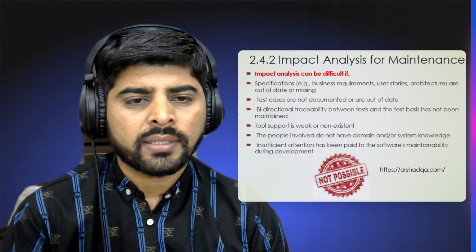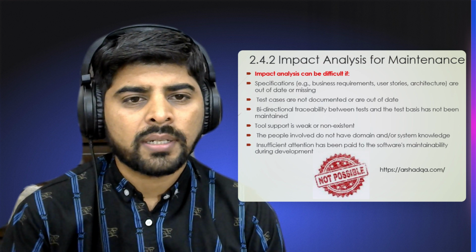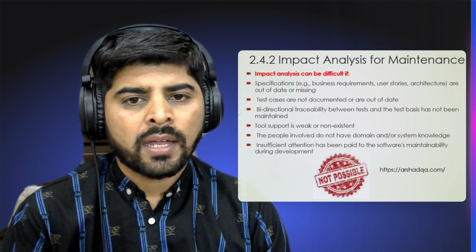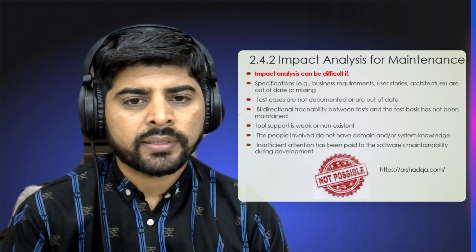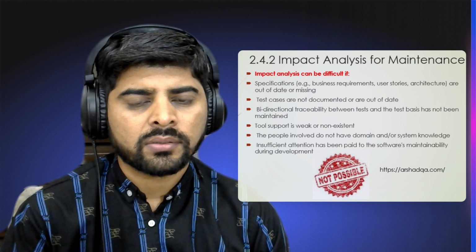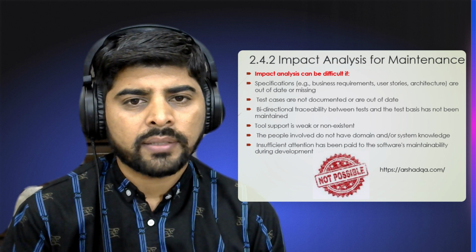If there are no test cases written, that can be a reason. Bidirectional traceability between test bases and test cases is not maintained, and tool support is weak or non-existent. The people involved do not have domain or system knowledge. If our team is fresh or not expert in that domain, that will make impact analysis difficult.